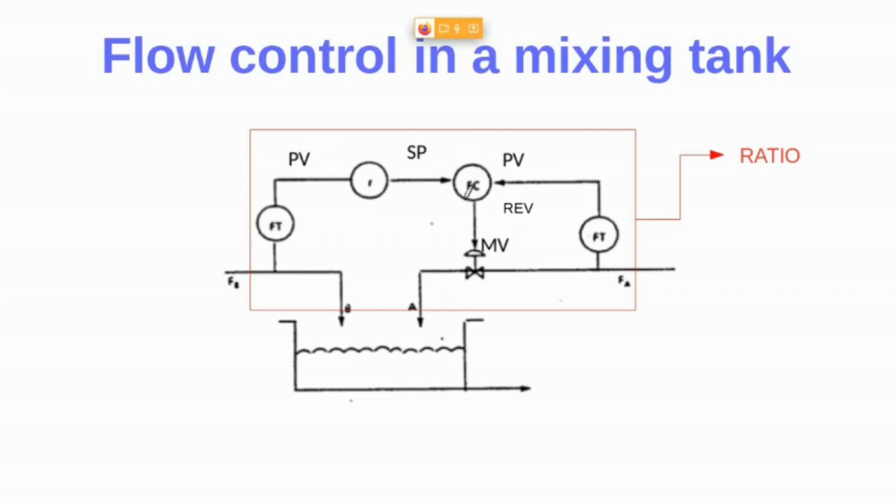So when this controller makes the error equal to 0, we can say that there is a relationship between this variable and this variable.